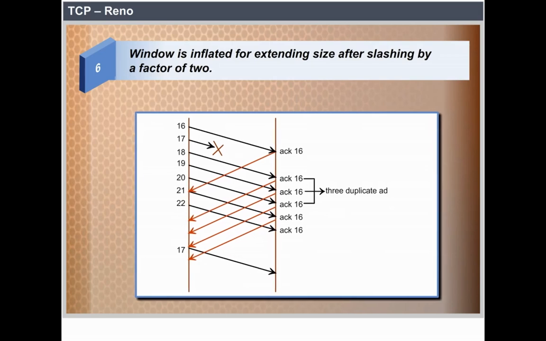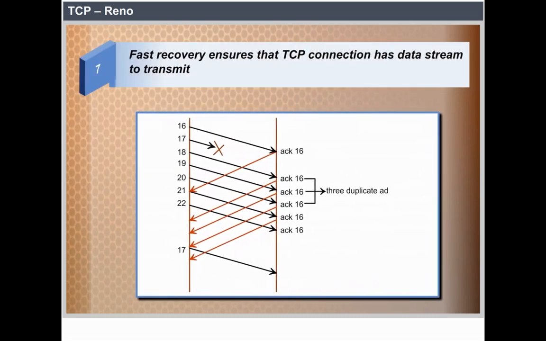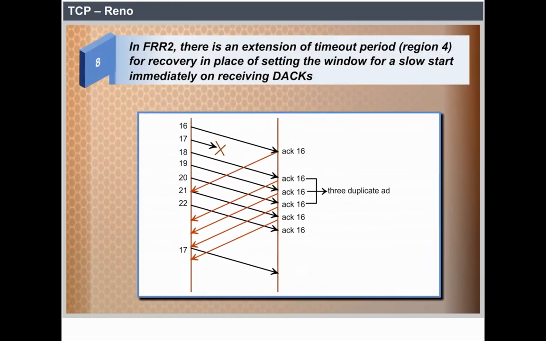The window is inflated for extending size after slashing by a factor of 2. Fast recovery ensures that the TCP connection has a data stream to transmit. In FRR2, there is an extension of the timeout period, region 4, for recovery in place of setting the window for a slow start immediately on receiving DACKs.